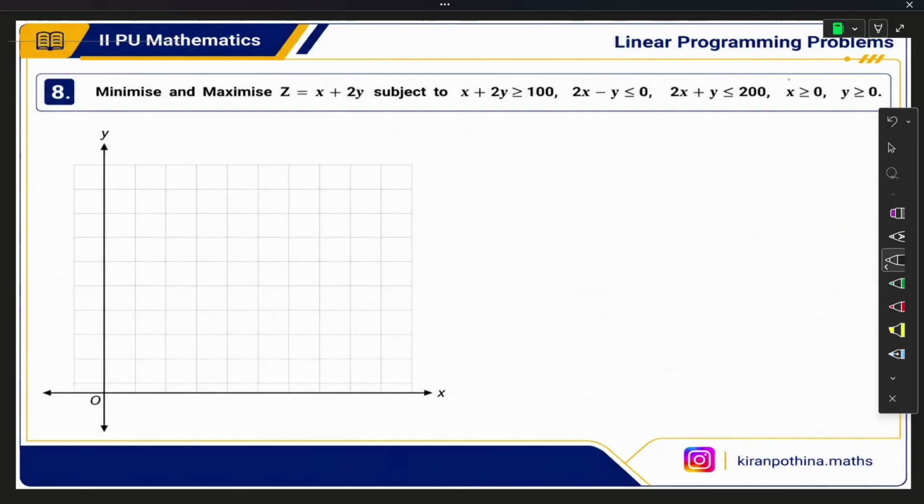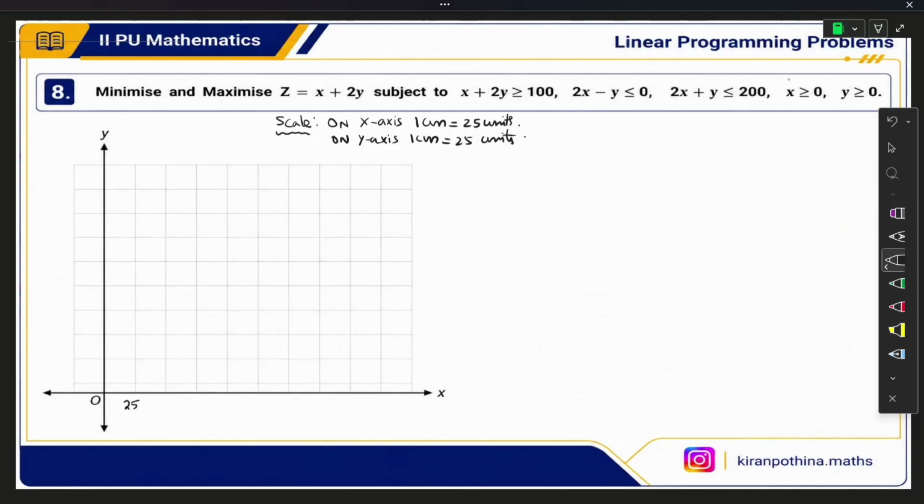So the scale we also need to mention compulsorily. On the x-axis, 1 centimeter equals 25 units I will take. Similarly on the y-axis, 1 centimeter equals 25 units, because the points we got are multiples of 25: 50, 100, 200, so I will consider 25.